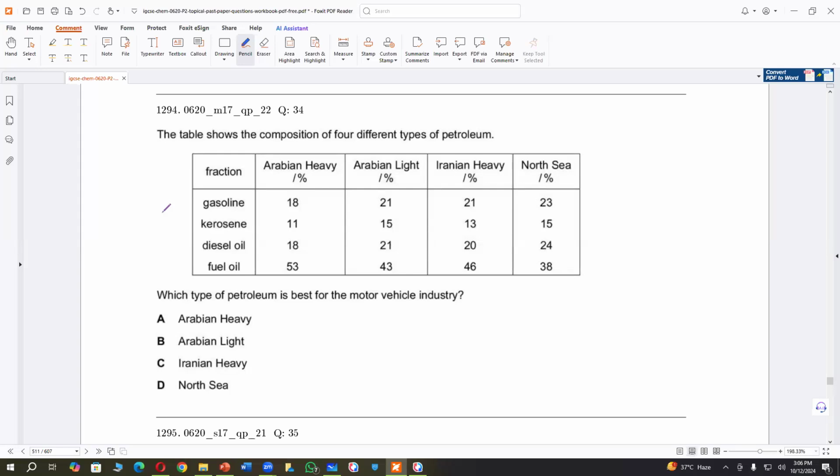It doesn't show. Motor vehicles actually do not use kerosene. Motors run on gasoline or diesel oil. Motor vehicles are either petrol vehicles or they run on diesel.